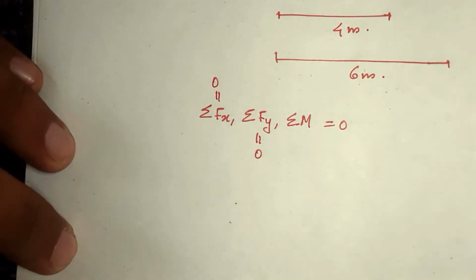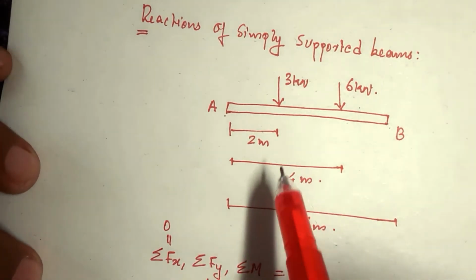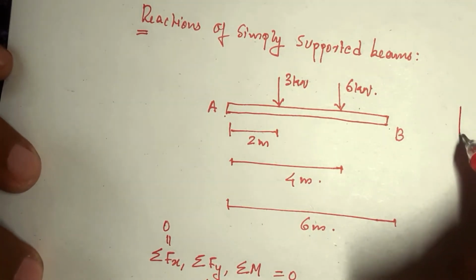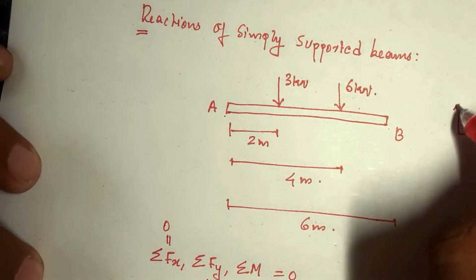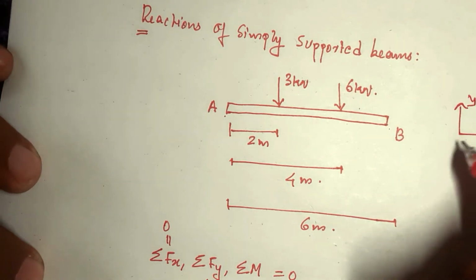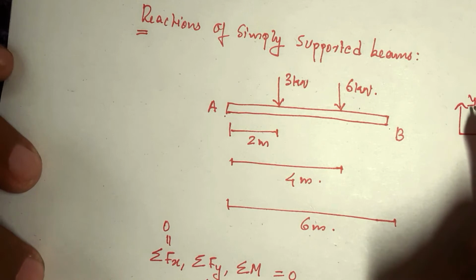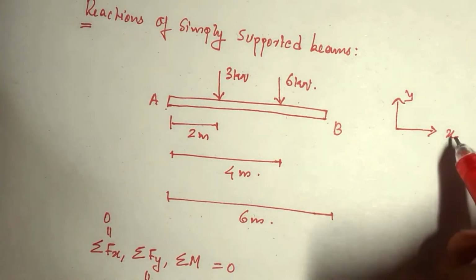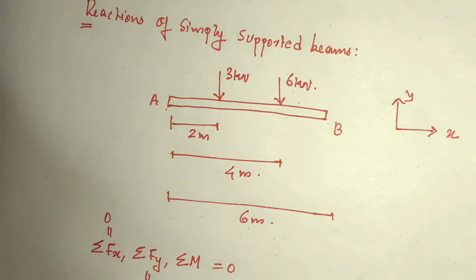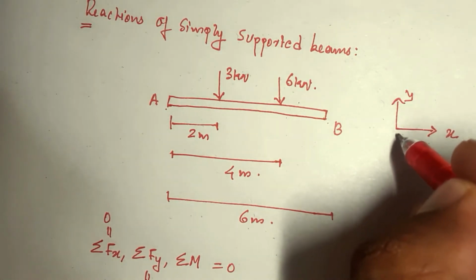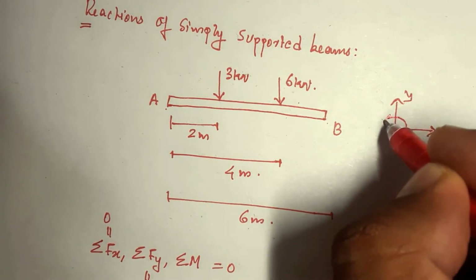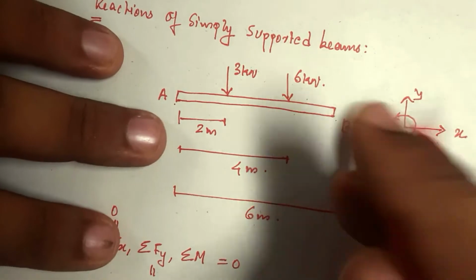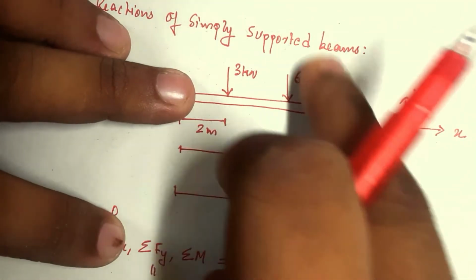So in this problem, we can see that there are only forces in y direction, right? If I draw coordinates, this is x, this is y. There are only two coordinates, x direction and y direction, and there is also only one moment about this. Only in 2D we can see that this can rotate like this, only in this plane.